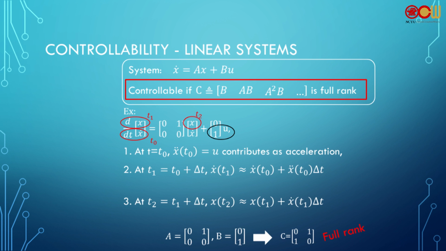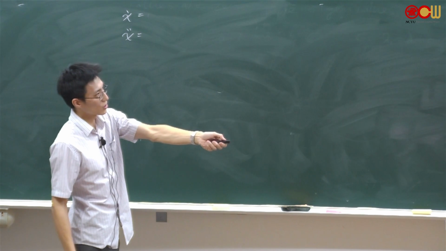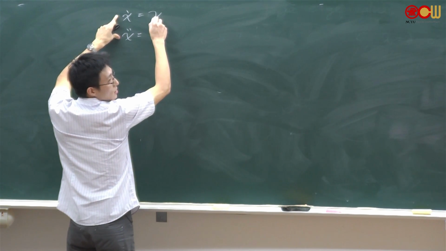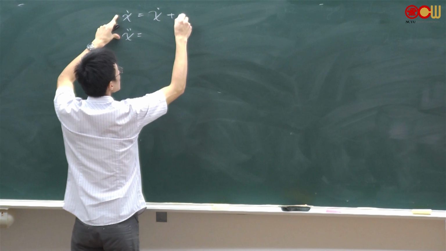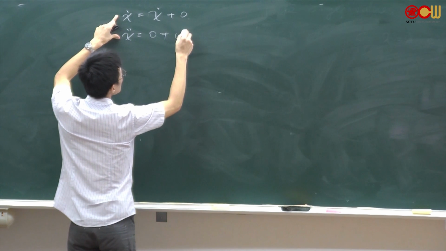Why can this lemma be used to tell controllability? The reason is, assume that u is coming into the system. Because of the B matrix 0, 1, u at t0 only affects x double dot. Let me expand this system into a two-equation system. On the left-hand side, it equals x dot plus 0, and the other one is x0 plus u.